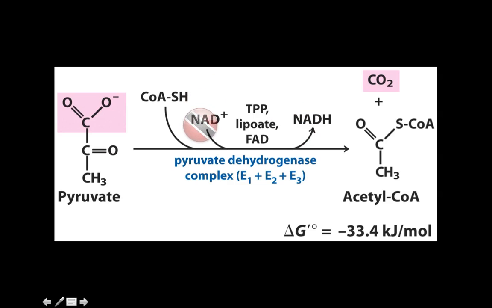That means that it has to gain electrons, and NAD+ is gaining electrons from pyruvate. So it means that pyruvate, the substrate, is losing electrons. Pyruvate is being oxidized. So with respect to the substrate in this reaction, pyruvate is being oxidized plus it's being decarboxylated. Hence, we say that the type of reaction is an oxidative decarboxylation.